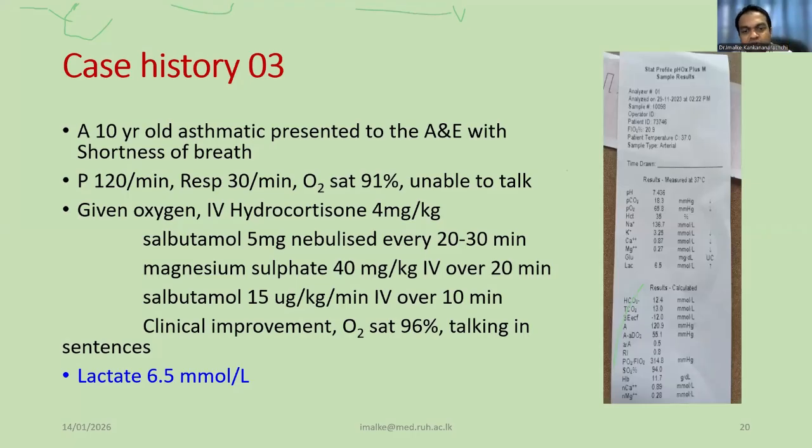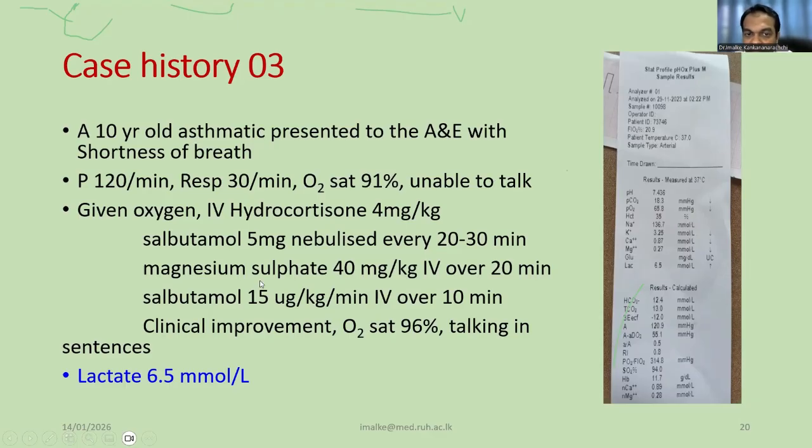Now this is a very commonly encountered case. This venous blood gas was sent to me by a pediatrician in a peripheral hospital. A 10-year-old asthmatic presented to the emergency department with shortness of breath, tachypneic, tachycardic, and saturation was so low. The child was given standard treatment for asthma, and you can see the pH is 7.436 and lactate is 6.5, right?